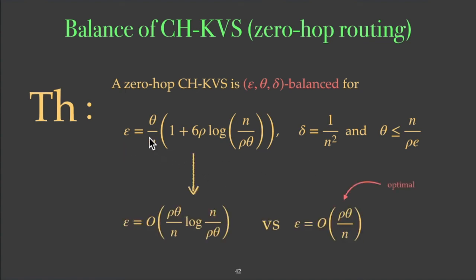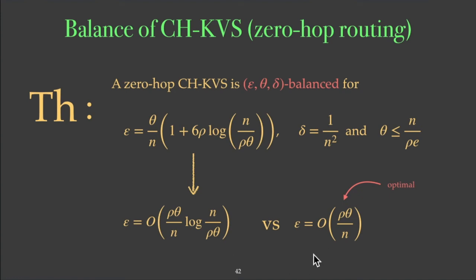So asymptotically, this epsilon can be written as this. And it turns out that if we assign labels uniformly at random to rho nodes, where rho was the replication factor, then the epsilon would be this. So this is the optimal epsilon that you could hope for because you're assigning labels uniformly at random to nodes.